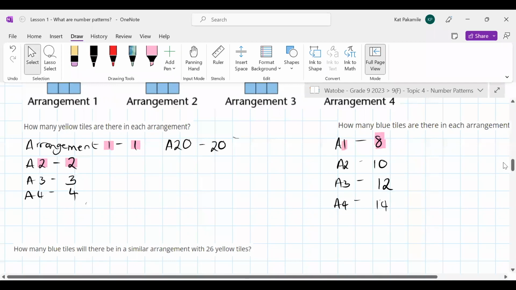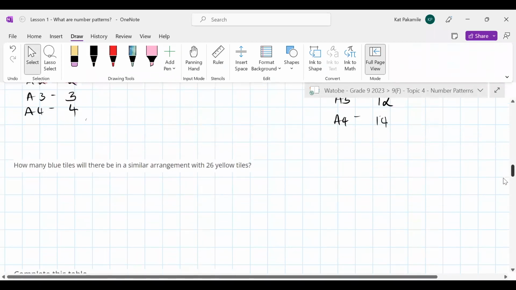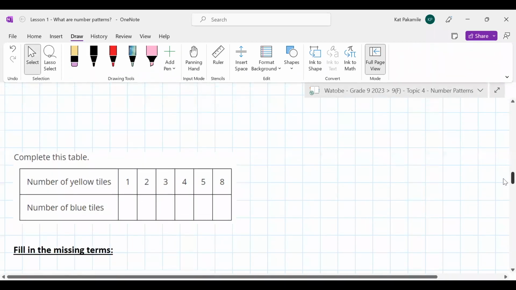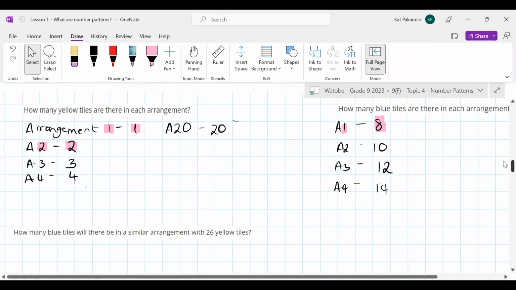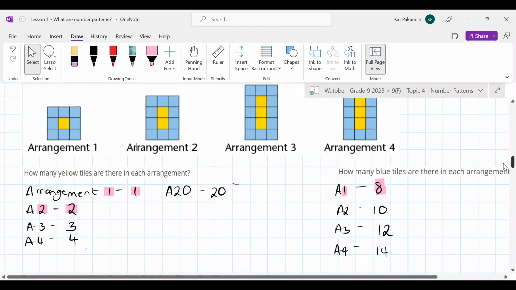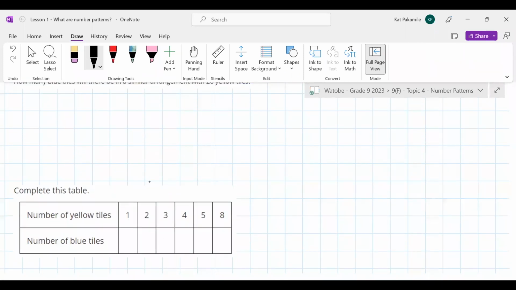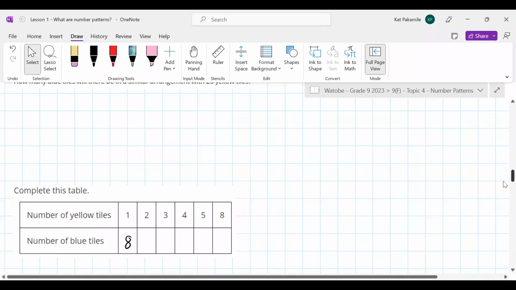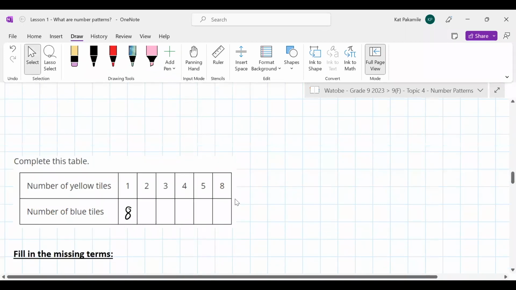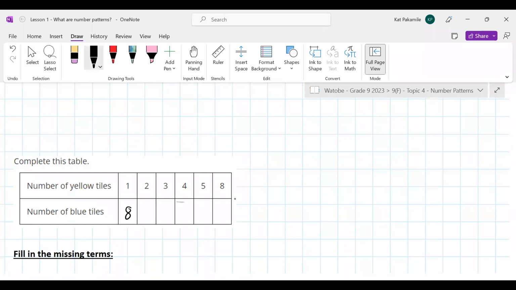So I think the best way to answer this would be to fill in this table. When we had 1 yellow tile, how many blue did we have? We had 8, ma'am. Okay, when we had 2 yellow tiles, we had 10 blue tiles.